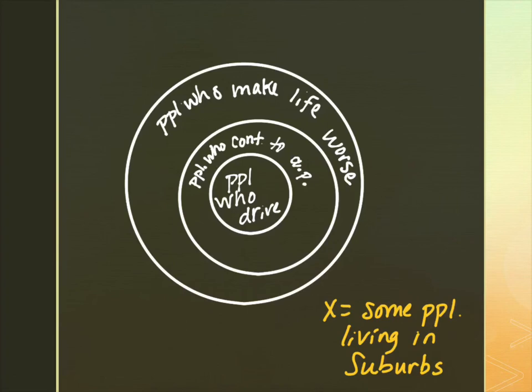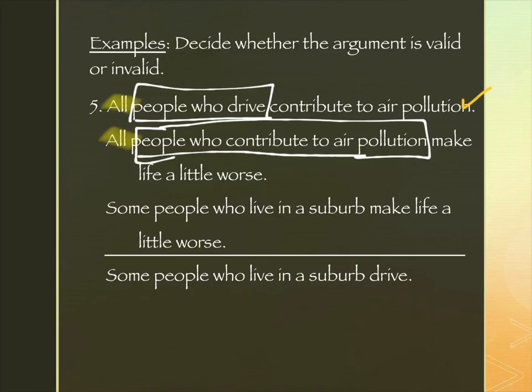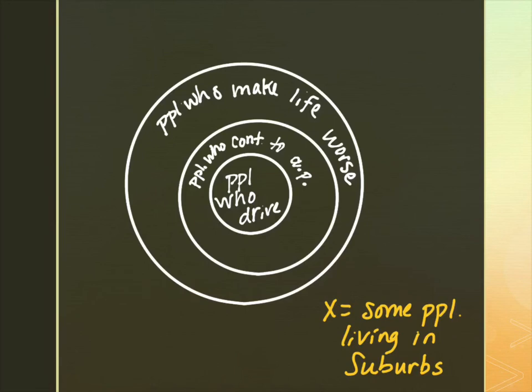Okay, so some people living in suburbs is my X, and it says some people who live in suburbs make life a little worse. So where do we for sure know X has to be? Somewhere inside the biggest circle, right? Somewhere in there. Does that make sense? But we don't necessarily know where.